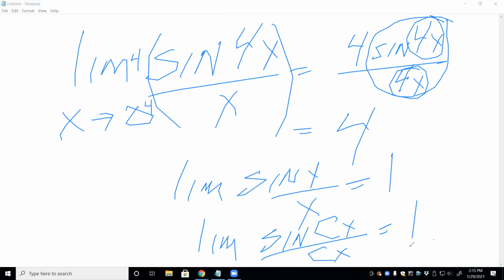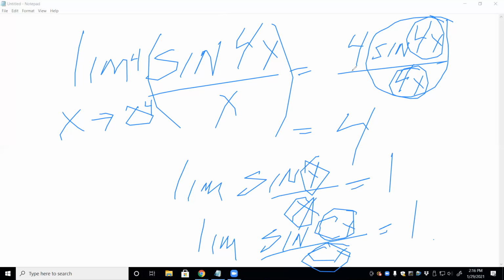Okay, I see. So whatever multiple doesn't matter, as long as this is the same as that. That cx is the same as that cx. That 4x is the same as that 4x. Gotcha. Okay, that makes sense.